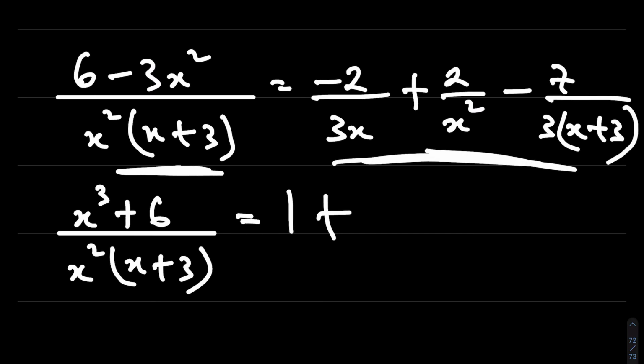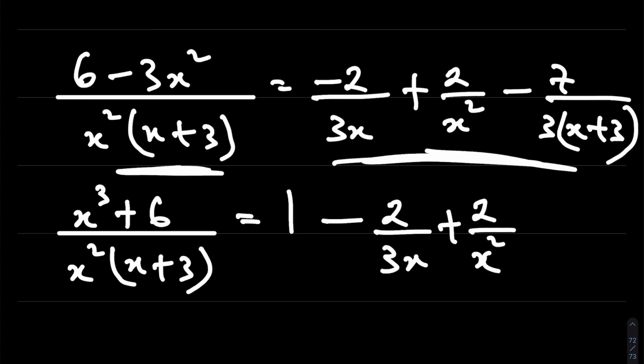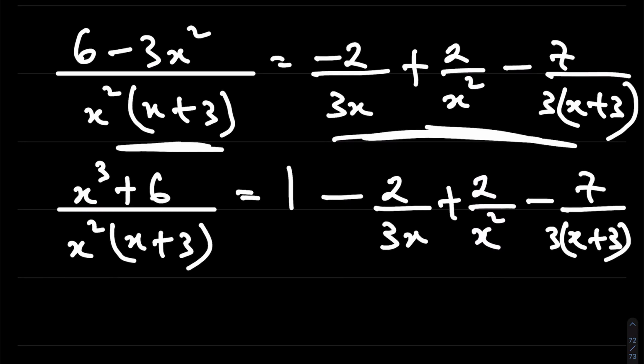So I'm just going to write 1 plus minus 2 over 3x, that's the same as 1 minus 2 over 3x plus 2 over x squared minus 7 over 3 times x plus 3. And that's it, very, very, very simply.